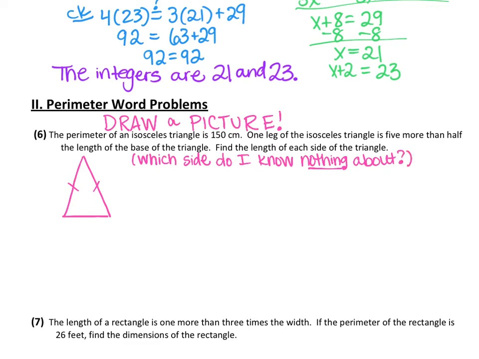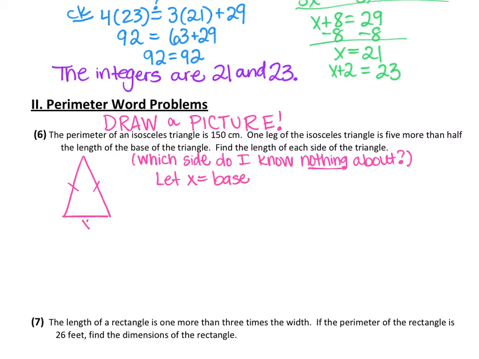So let's see. One leg of the isosceles triangle is 5 more than half the length of the base. So guess what? We don't know much about one leg of the isosceles triangle, but we do know something. We know that it's 5 more than half the length of the base. So right here, we know nothing about the base. So we are going to let x equal the base of the triangle.